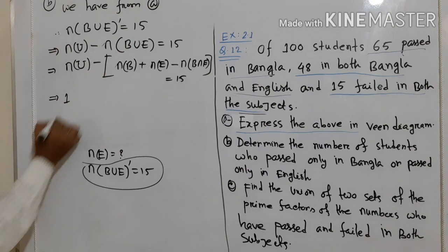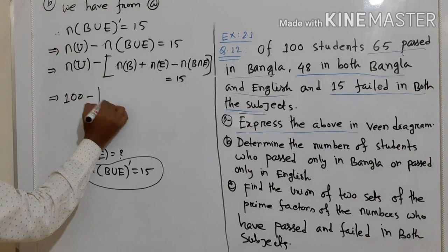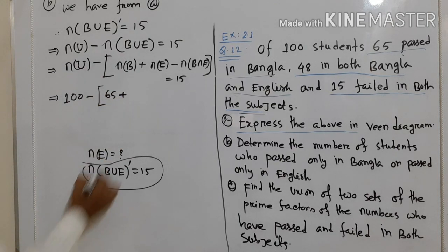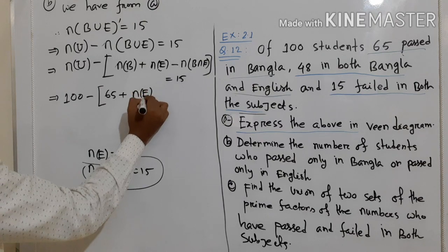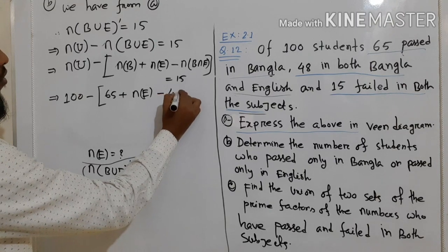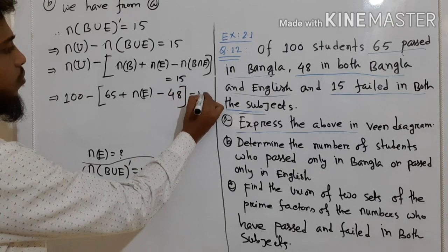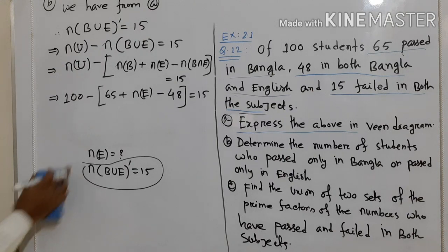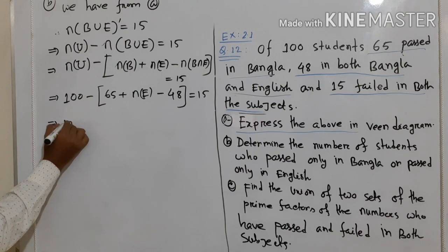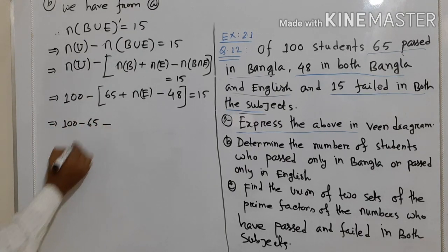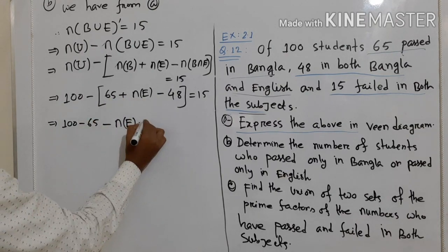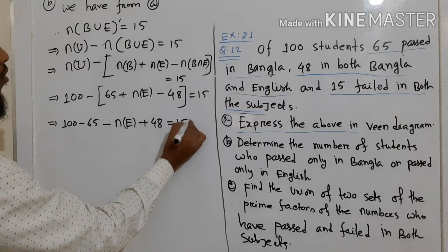Here number of U equal to 100, minus number of B 65 plus number of E, what value, minus 48, equal to 15.